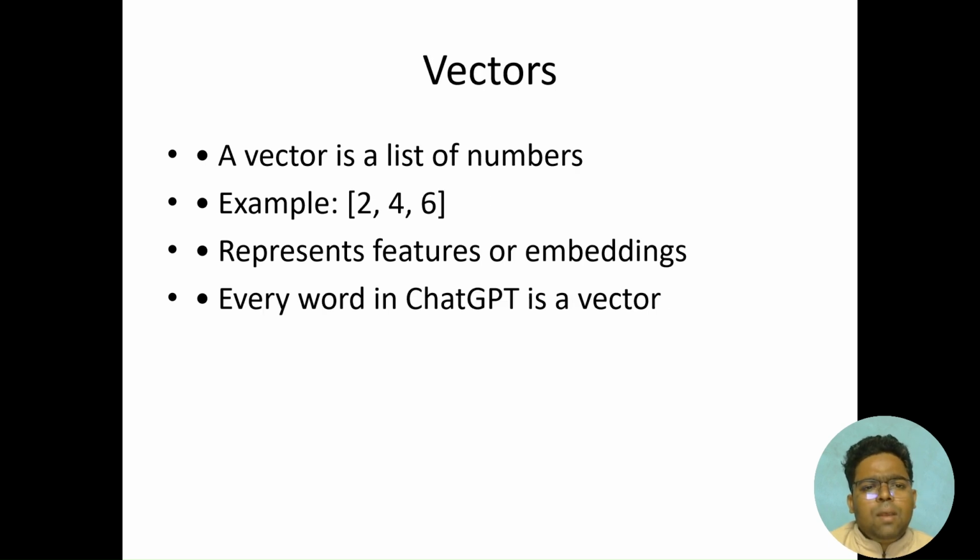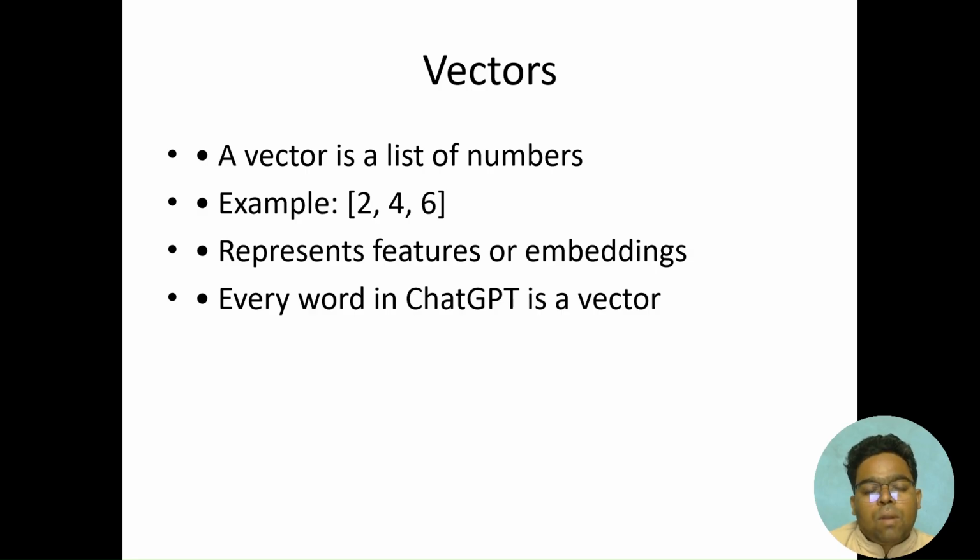Next, a vector is nothing else but a list of numbers. An example is 2, 4 and 6. It represents features or embeddings. Embedding means, for example, I say "I love Maggie".